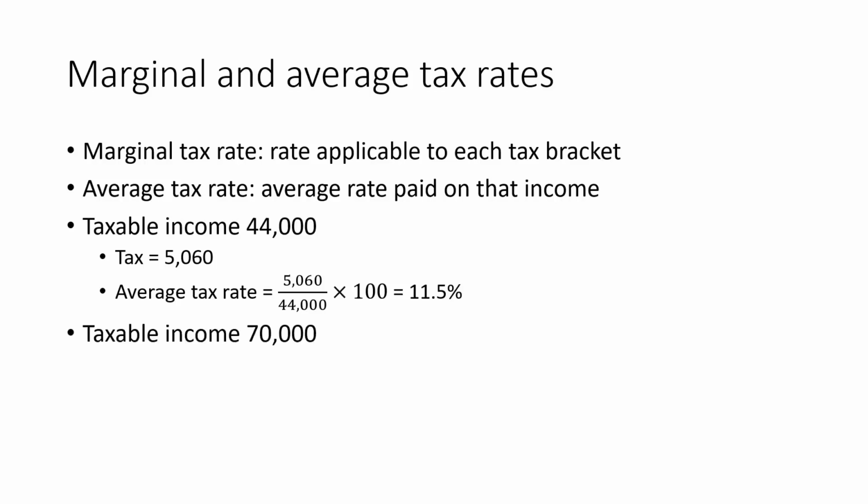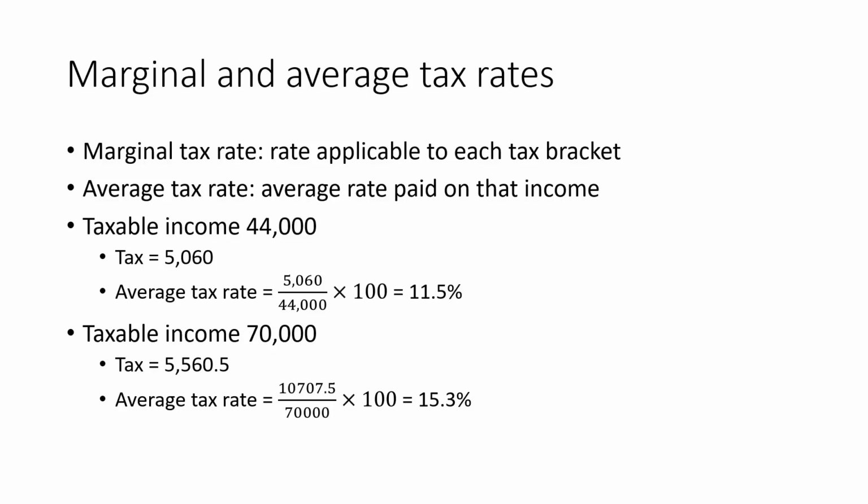The second individual, who earned $70,000, paid a tax of 10707.5 on an income of 70,000. So 10707.5 divided by 70,000 times 100 is an average tax rate of 15.3%.